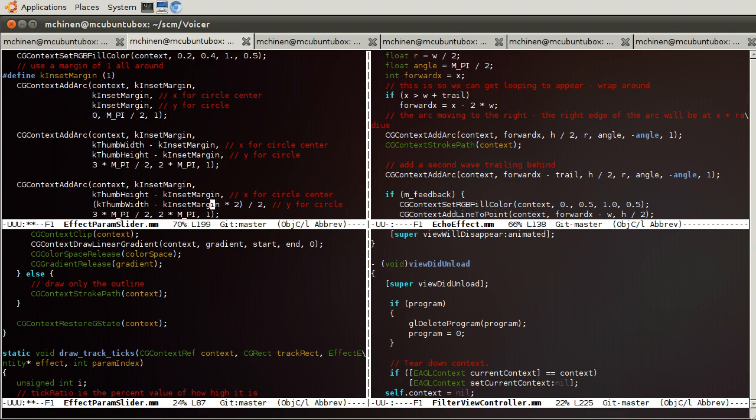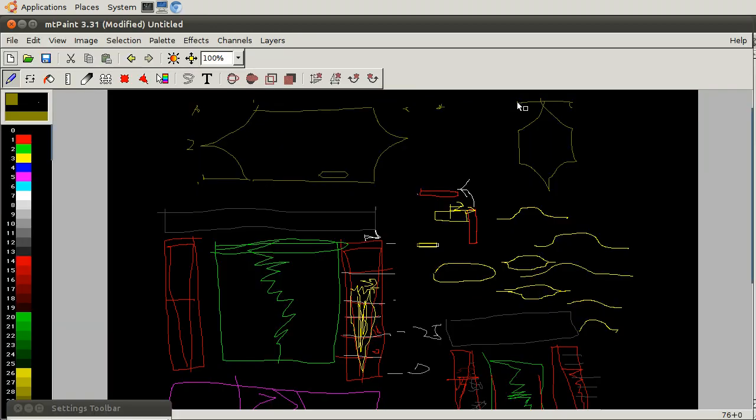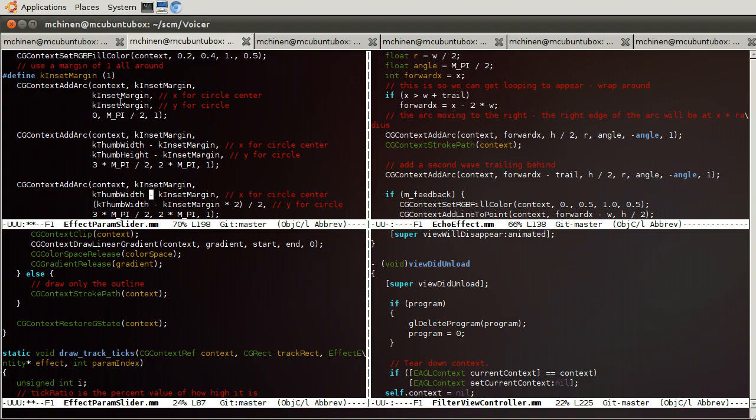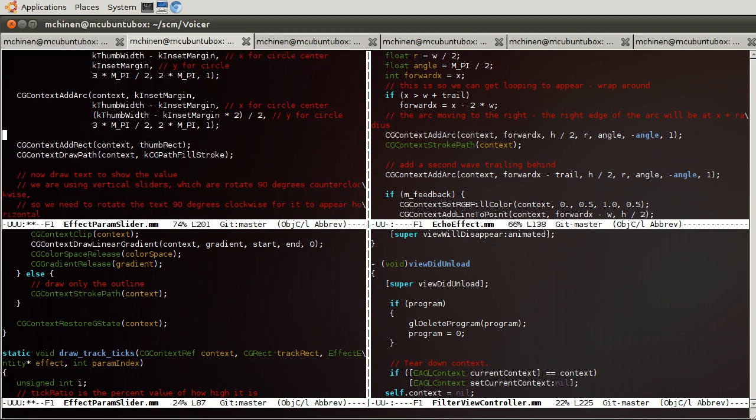So look how easy that is. We went from left to right, and that's all you need.